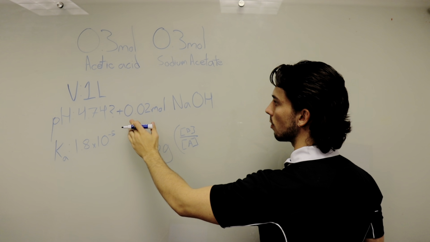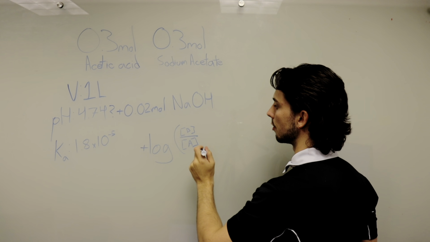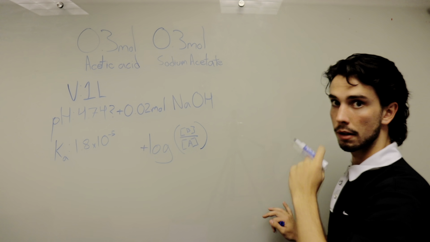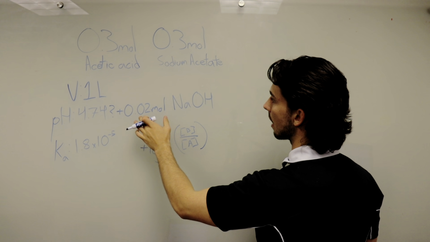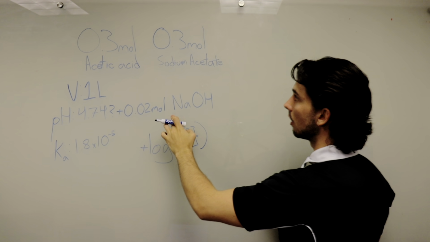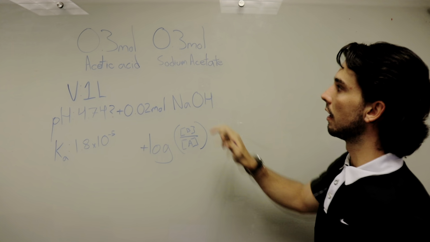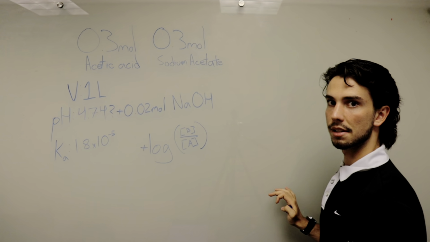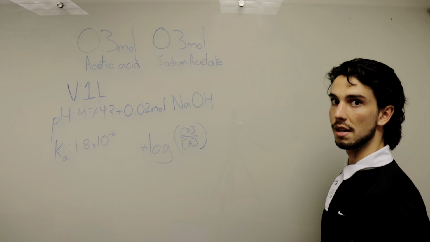But we want to know what happens if we add 0.02 moles of sodium hydroxide. So here's a cool trick that I figured out: if we're adding a base, sodium hydroxide, we're going to add that amount to the base that we already have, and we're going to subtract it from the acid.